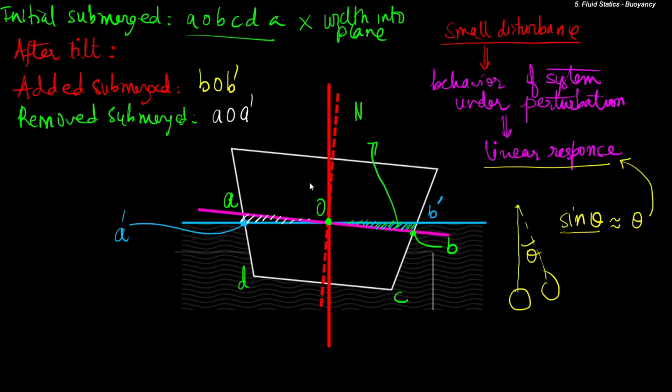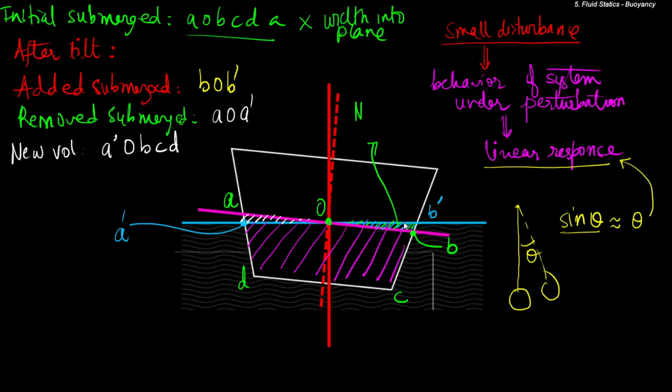This means that we have gained some buoyancy over here and we have lost some buoyancy over here. And the new volume is going to be A prime O B C D, this particular hatched area.